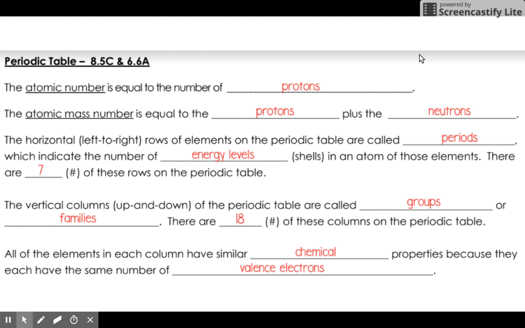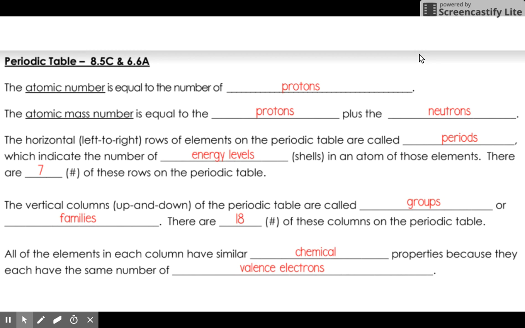So elements with the same reactivity are going to have the same number of valence electrons. If you look in column 2, all of those elements have the same number of valence electrons, which means they react the same and have the same chemical properties.